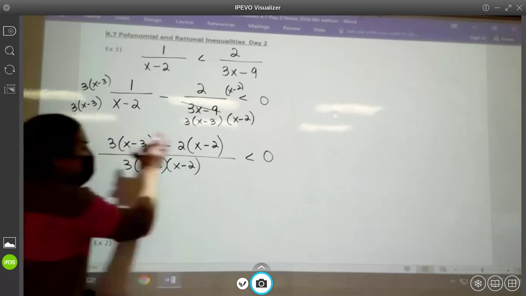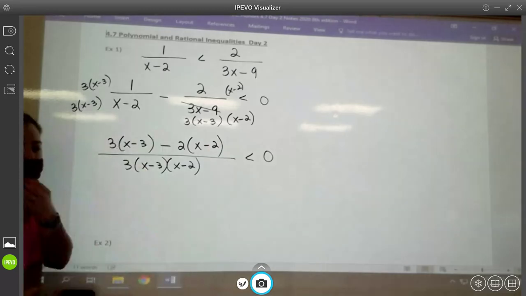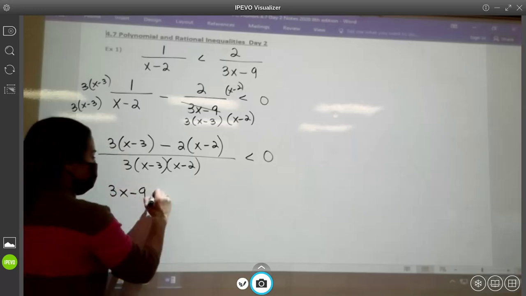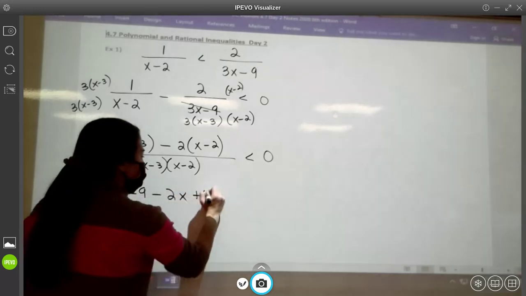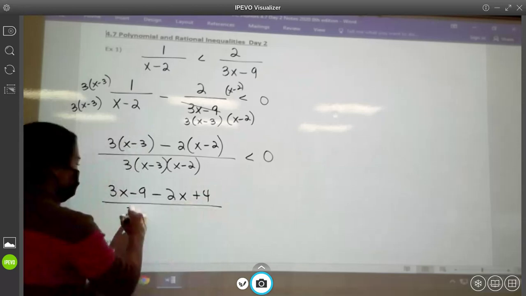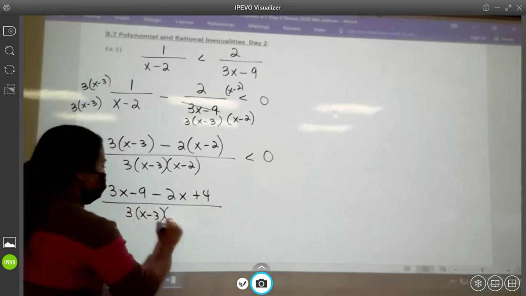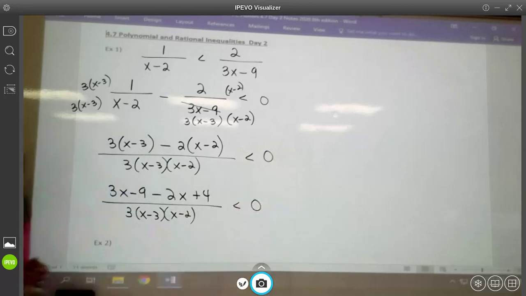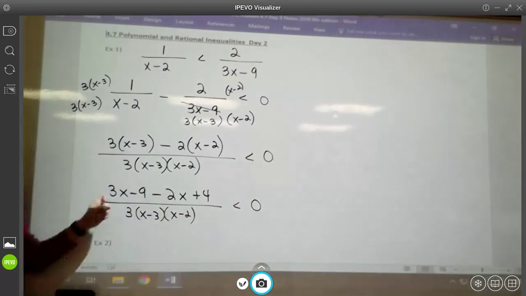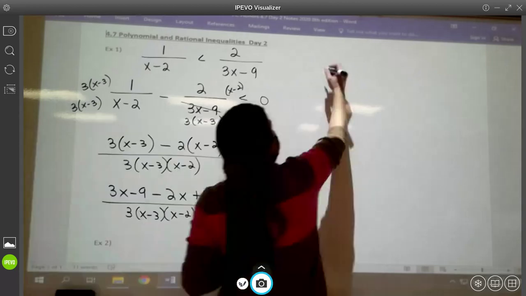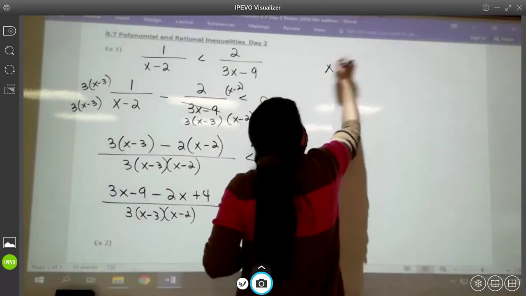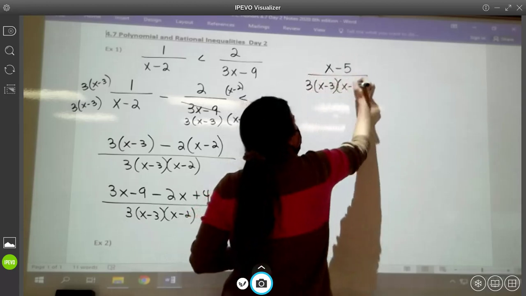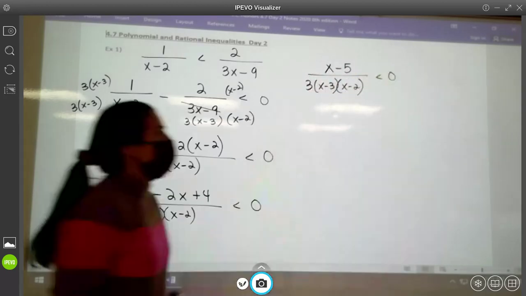But in order to combine the tops, I do need to distribute and get rid of those parentheses. So I'm going to end up with 3x minus 9 minus 2x plus 4 all over 3 times x minus 3 times x minus 2. And it still is less than 0. All right, let's figure out the top. I'm going to get x minus 5 over 3 times x minus 3 times x minus 2 less than 0.